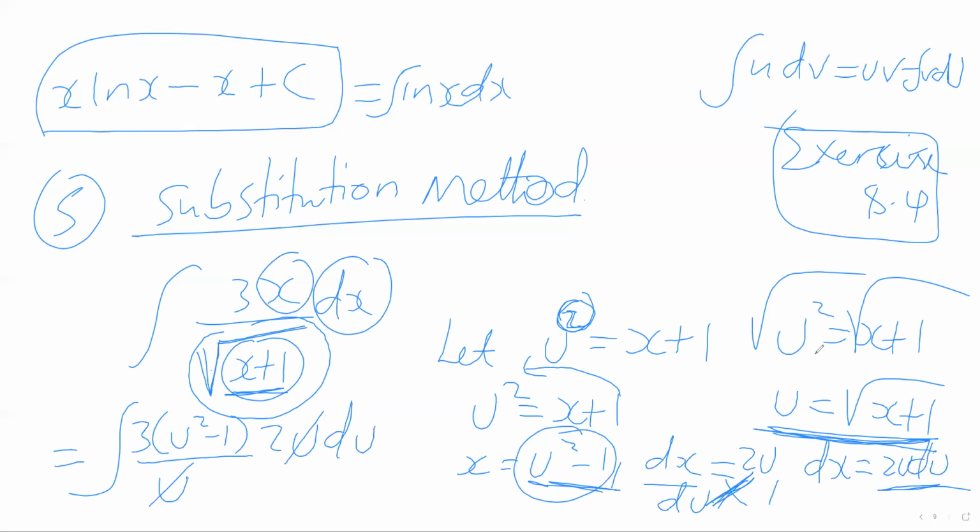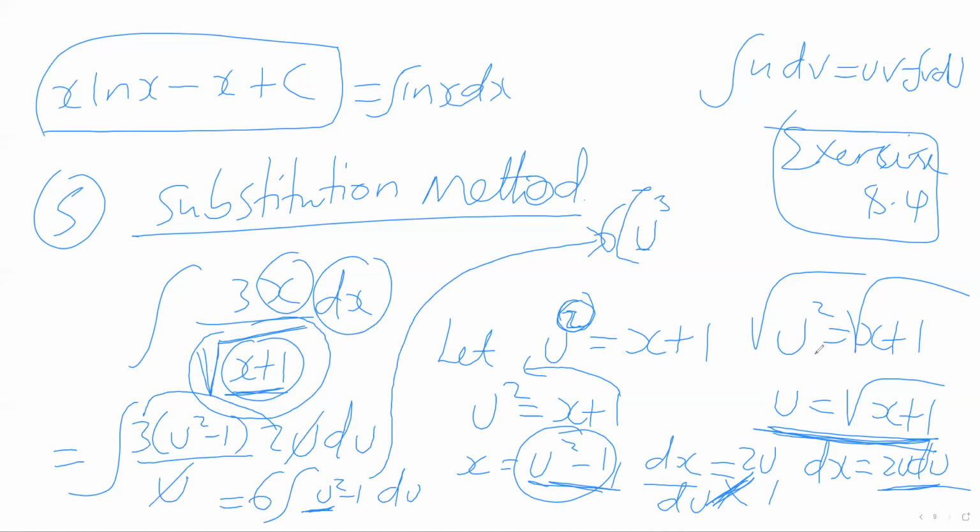This u and u can cancel, guys. And then what do I remain with? Look, this is just a number I can multiply with that 2 to get 6 and write it outside. Then I'm just going to have u squared minus 1 here. So I have a 6 there. What would be the integral of u squared? Just using the power rule of integration, which is u to the power 3 over 3, right?